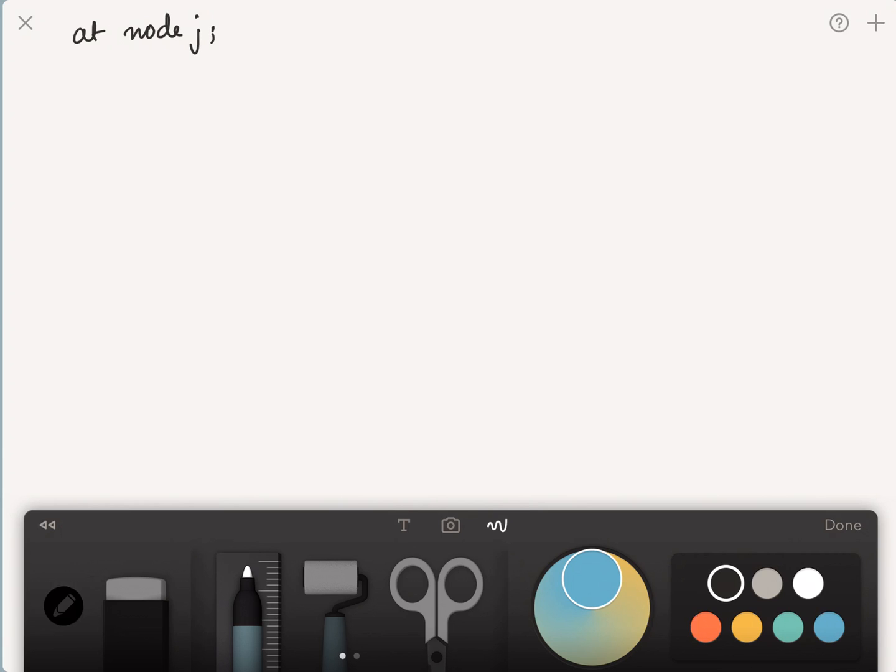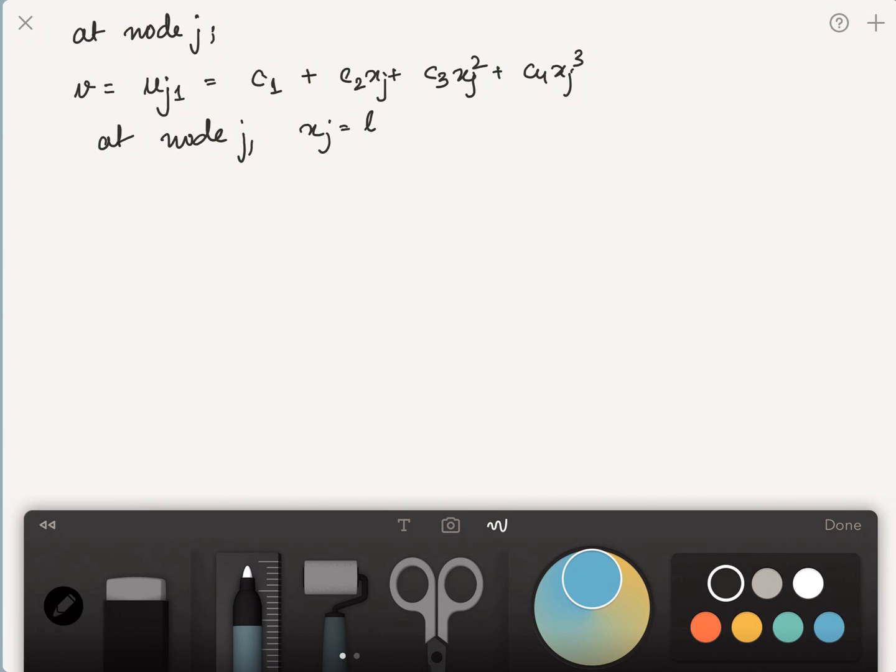Now in the same way, we continue at node j. So we can write at node j, v is equal to uj1 is equal to c1 plus c2xj plus c3xj square plus c4xj cubed. Now at node j, xj is equal to L. Therefore uj1 is equal to c1 plus c2L plus c3L square plus c4L cubed.